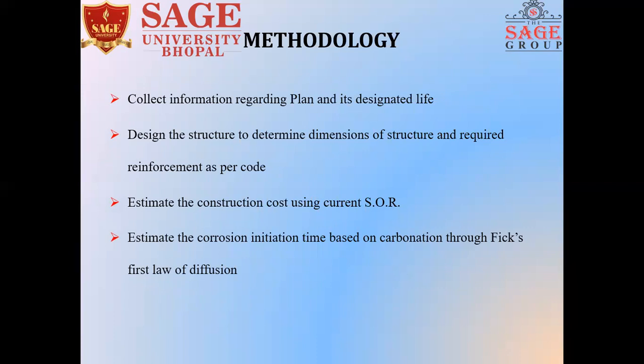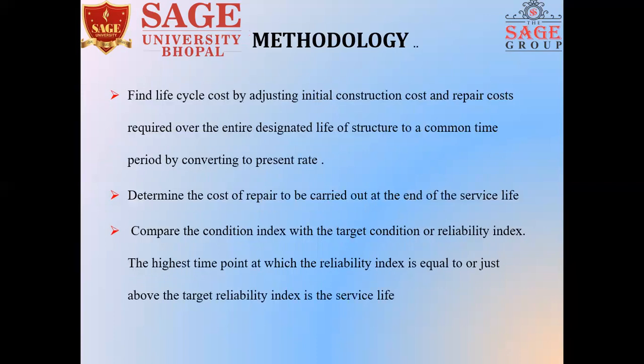Estimate the corrosion initiation time based on the carbonation or chloride ingress through the fixed laws of diffusion. Then find the life cycle cost by adjusting initial construction cost and repair cost required over the entire designated life of a structure to a common time period by converting to the present rate.